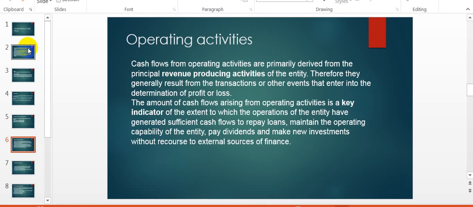The cash flows from operating activities looks at those activities which have to do with operation of the business, the core functions of the business, what the business does on a daily basis, okay, its operations. So you start from the profit before tax.